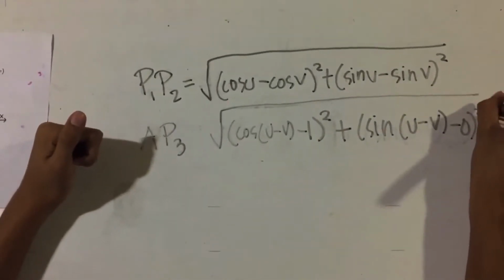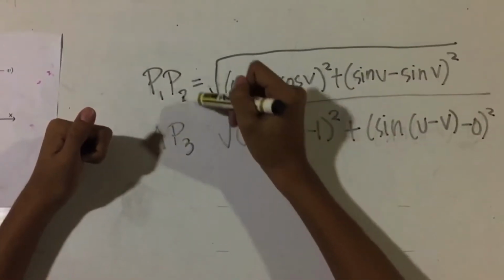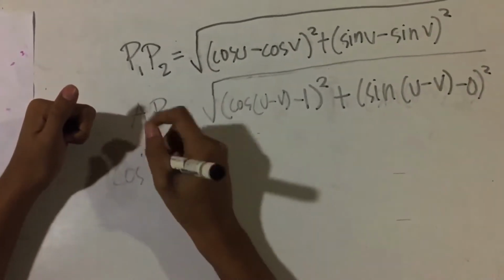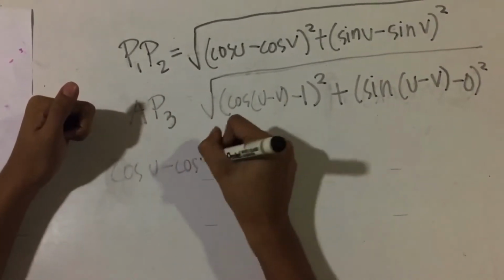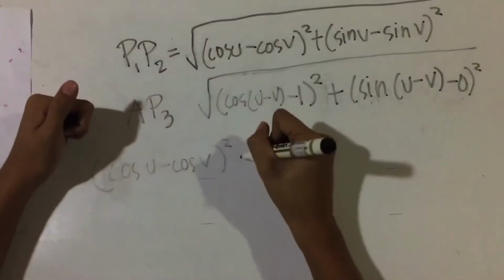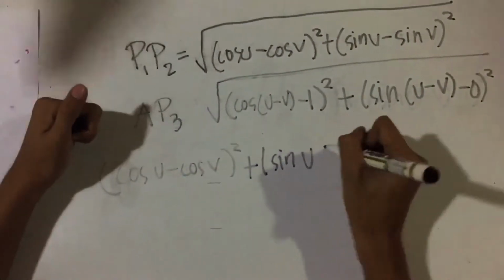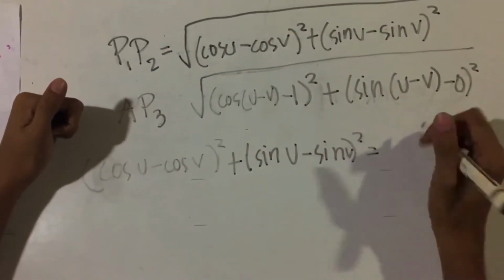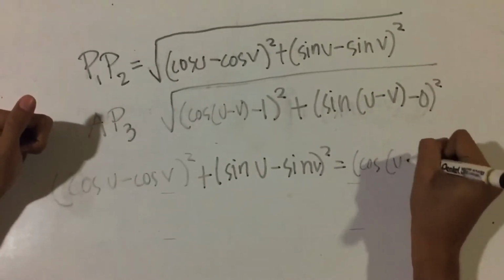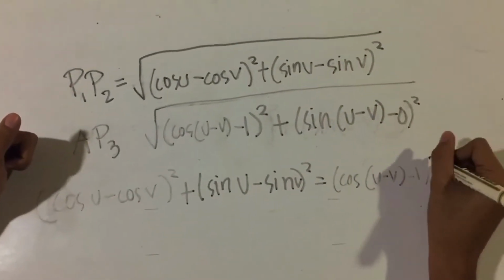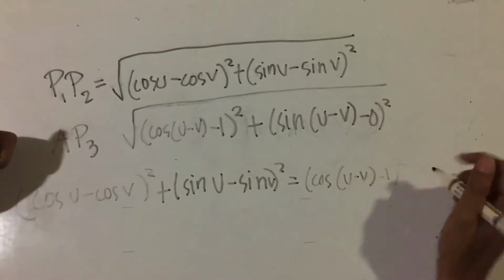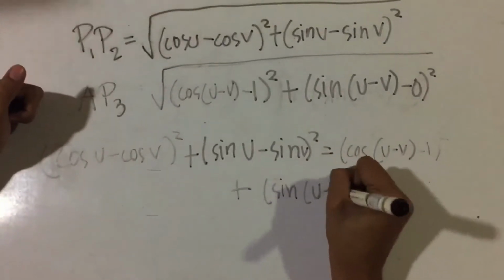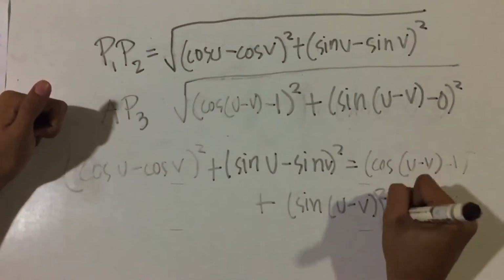minus 0 quantity squared. And since these two are equal or congruent, we can say that the cosine of u minus cosine of v quantity squared plus the sine of u minus the sine of v quantity squared is equal to the cosine of u minus v minus 1 quantity squared plus the sine of u minus v quantity squared.